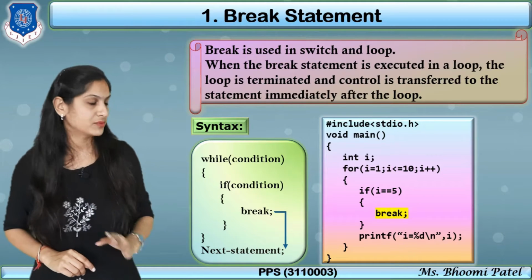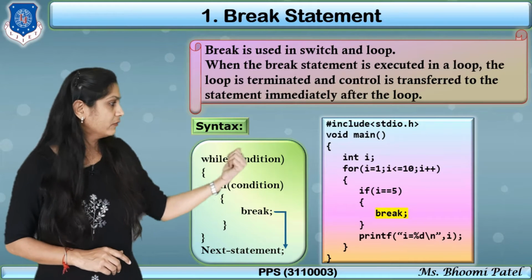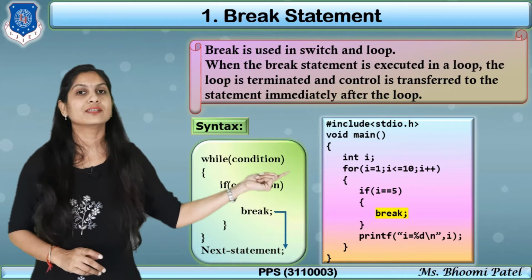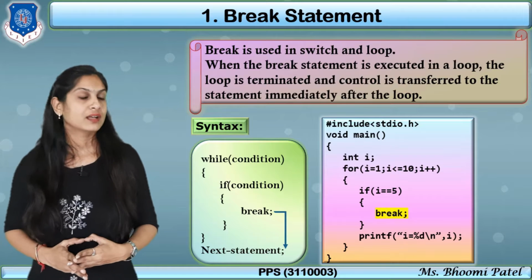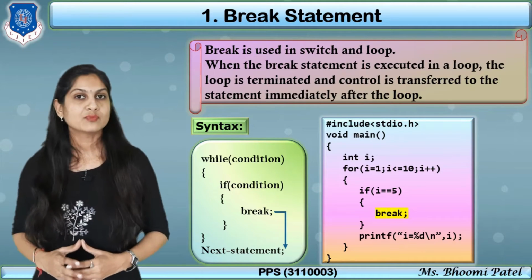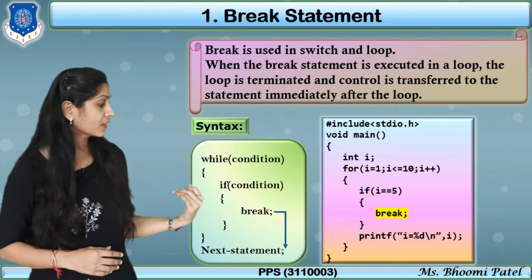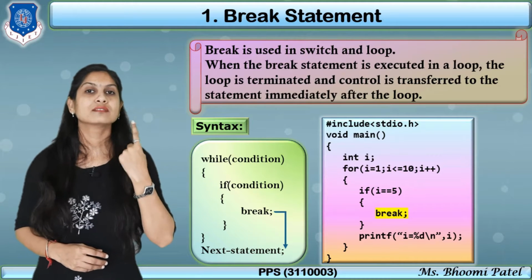Inside this for loop we write the condition: if i equals 5, and if it is true then we execute the break statement. Then after the if, the statement is printf("i = %d\n", i). Now how will this program execute? First the value of i is 1.